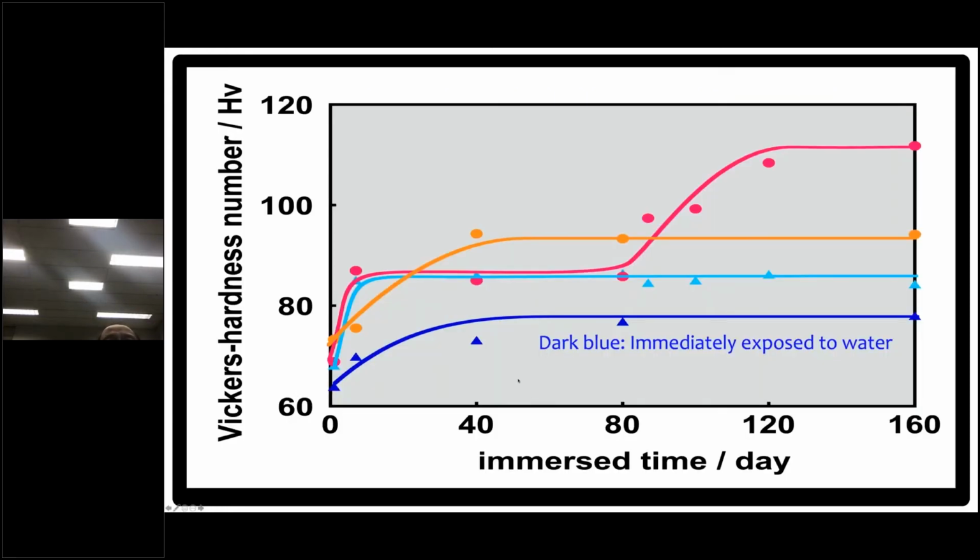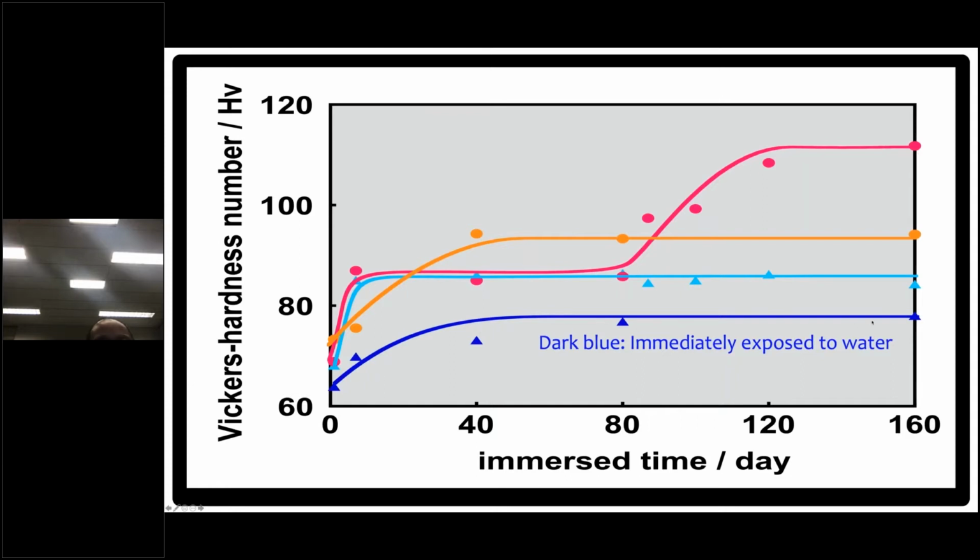To show you this study, the vertical line is the hardness and the time of exposure is at the bottom there. They placed a glass ionomer cement, then exposed it to water immediately after setting, and they found that the hardness increased over 40 days.